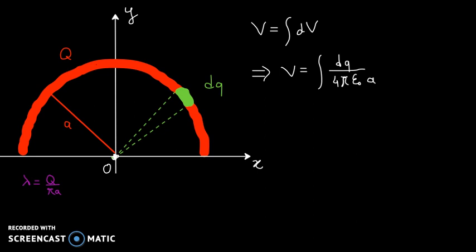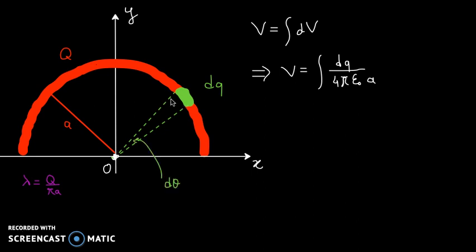So for the entire arc, that's equal to capital Q divided by pi times a. Pi times a is half of the circumference of a circle, right? So that's the length of the arc. Now, in terms of the unit element dq, that's equal to dq divided by the width of this element dq. What is that equal to?